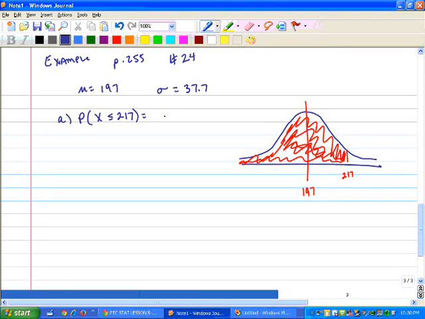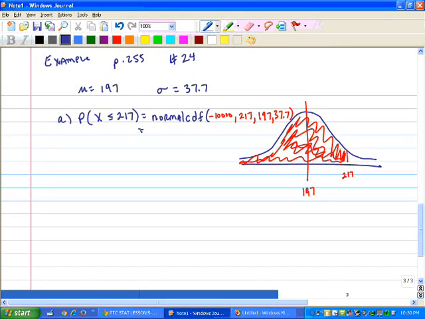Again, we use the calculator, second vars, bring up the normal CDF distribution. We're going to type in our lower bound. Instead of negative infinity, we'll use negative 10,000. Our upper bound in this case is going to be 217. Our mean is going to be 197. And our standard deviation, 37.7.